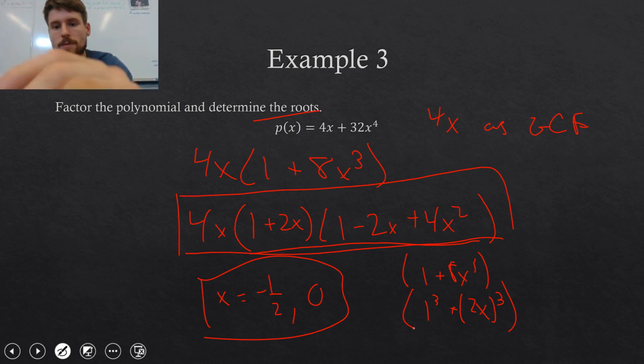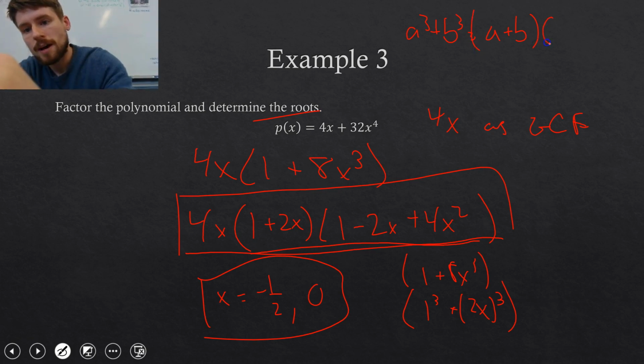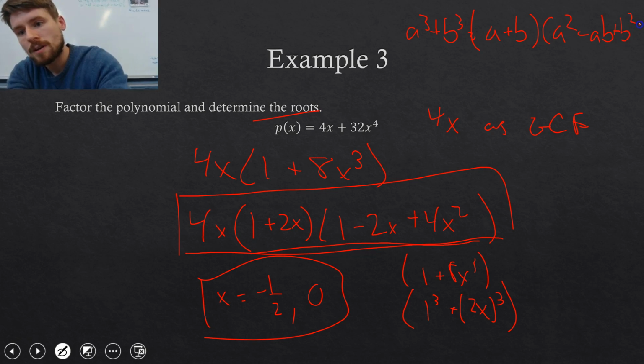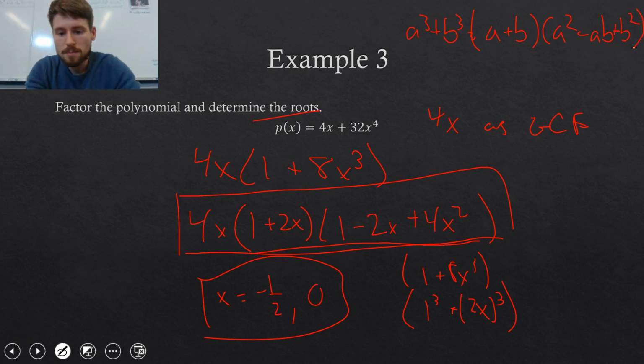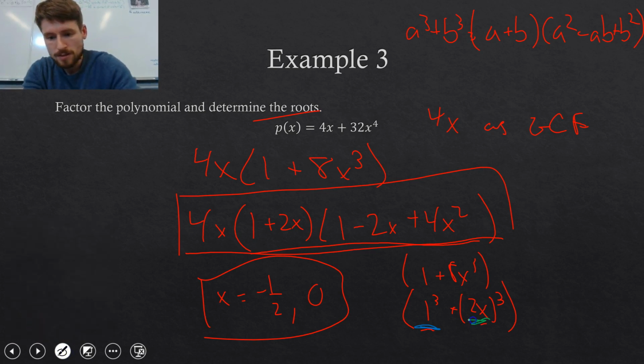And the formula for a sum of cubes is a cubed plus b cubed equals a plus b, followed by a squared minus ab plus b squared. And so I know what a and b are. This is a, this is b. 1 is a, 2x is b. So we plug each of those in for a and b. So maybe I'll highlight this with colors. 1 is a, and 2x is b.